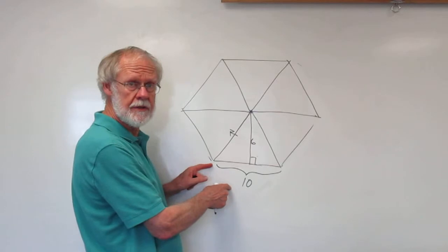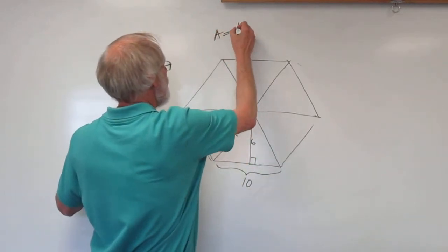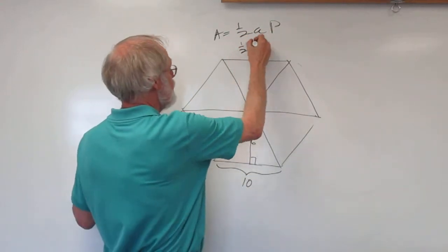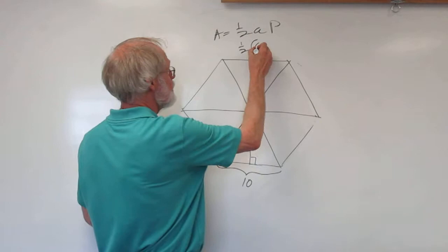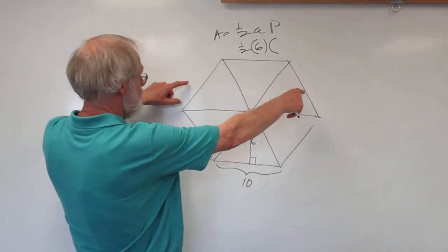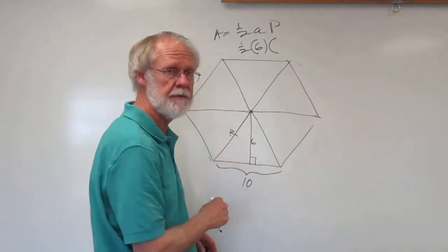All we have to do in this case, we're given enough information: area equals 1/2 apothem times perimeter, so that would be 1/2 times the apothem, which is 6, times the perimeter. We have a 6-sided figure.